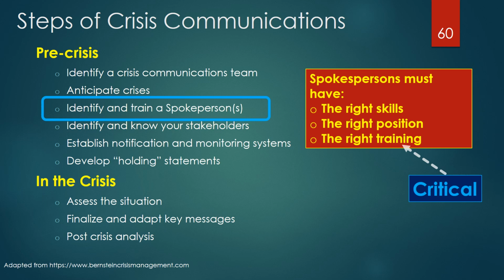In a crisis like COVID-19, the chief executive officers are often required to be the lead spokesperson for the agency or organization. Spokespersons should be identified and trained in advance. This crisis communications training is critical and often assigned to the organization's public information officer.